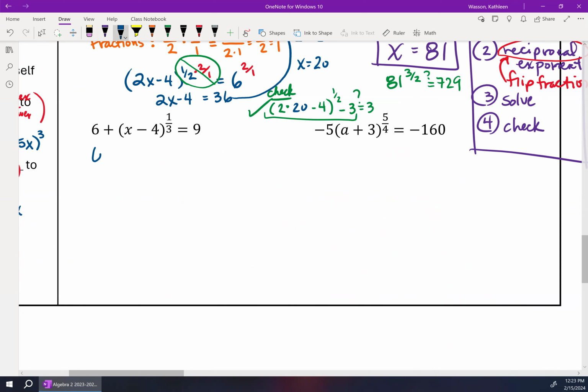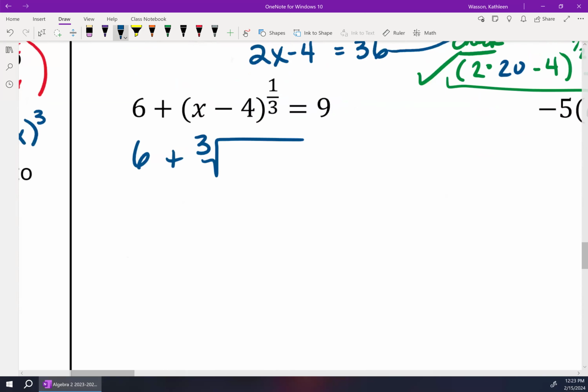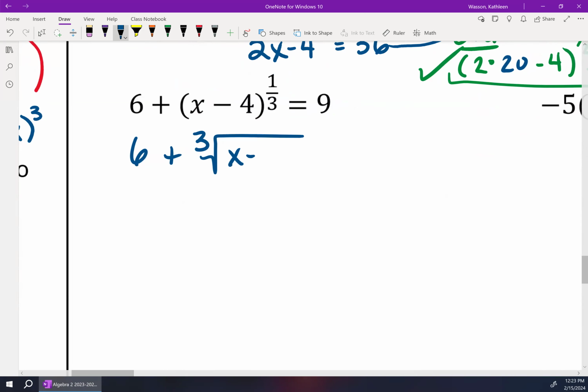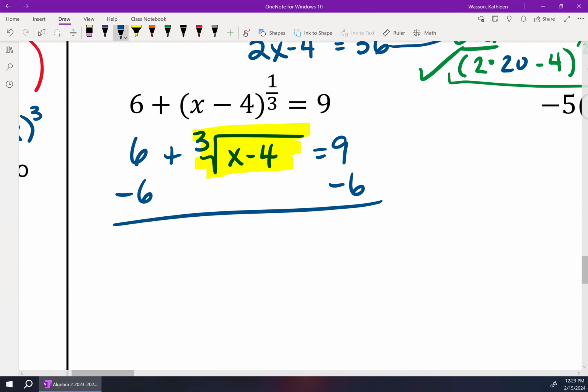This one I'm going to rewrite as a radical. 6 plus, this is my denominator, that is my index. So I have x minus 4 goes in here, and this is equal to 9. I isolate this. So I move the 6. I subtract 6 because these are added together. And I have cube root x minus 4 equals 3. Now I need to take the radical off.